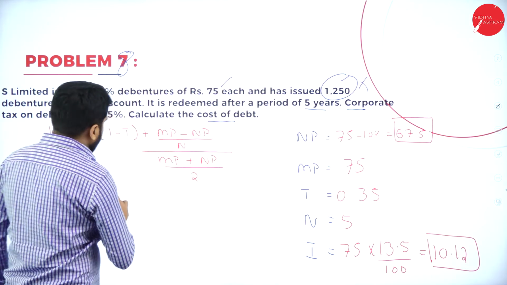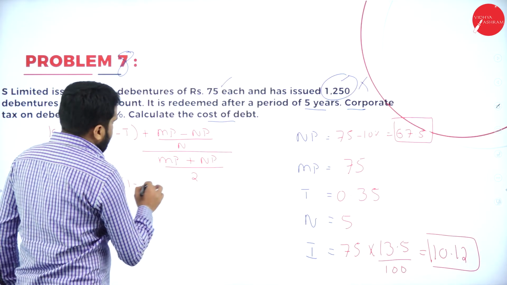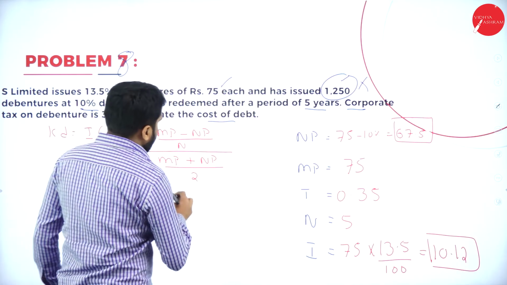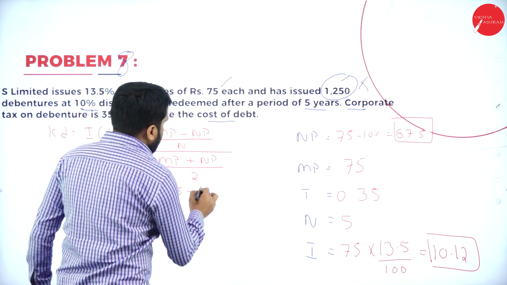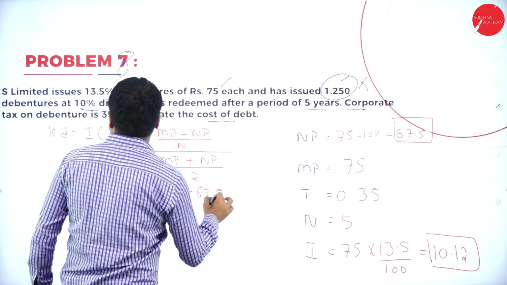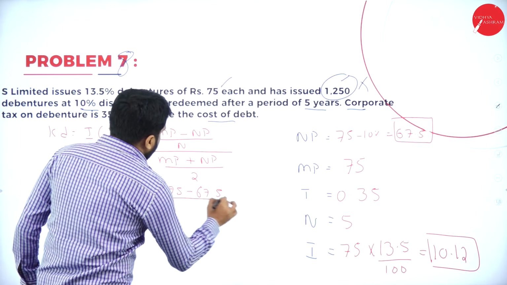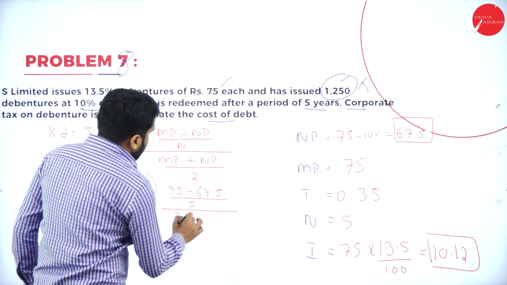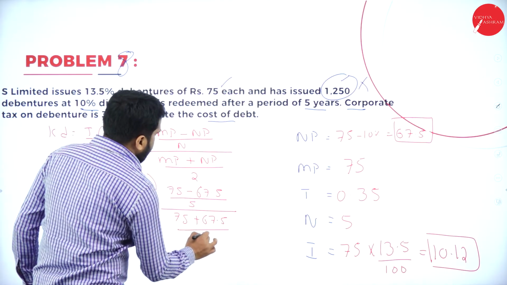What is the interest? 10.12 into (1 minus 0.35), plus (75 minus 67.5) divided by number of years 5, whole divided by (75 plus 67.5) divided by 2.